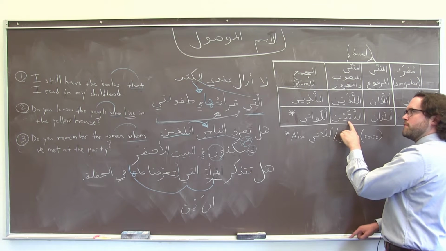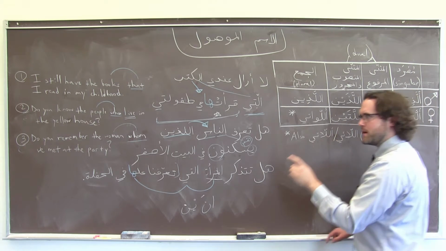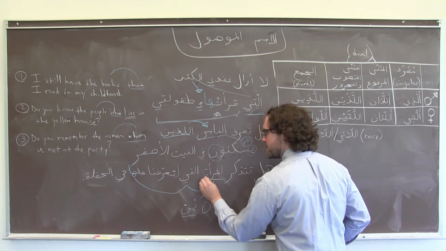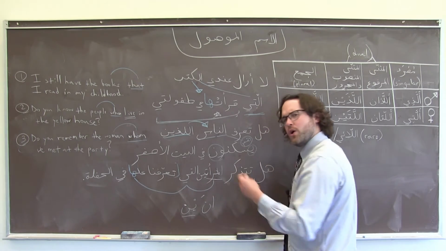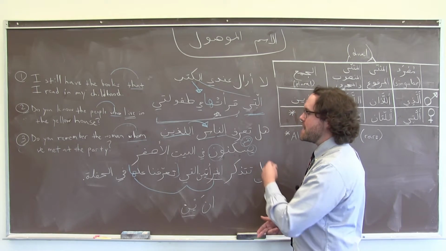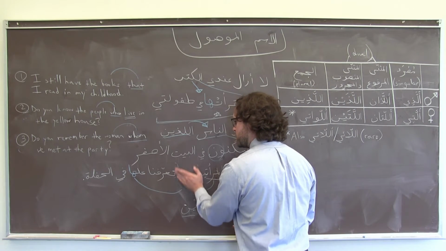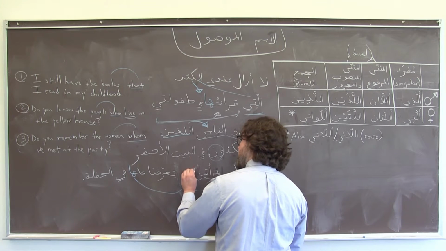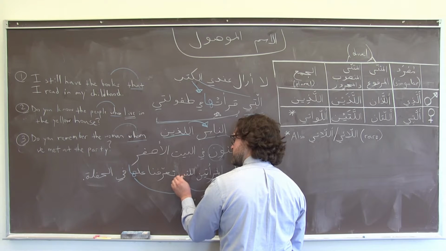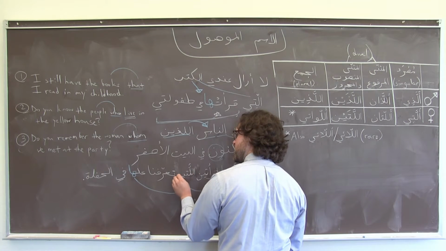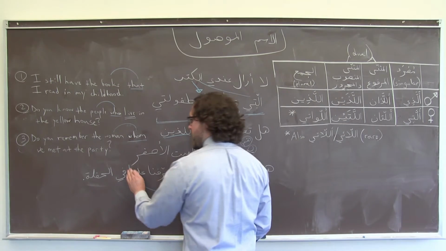And since they're both women, they're feminine, so I would need to use allatain as the object pronoun, but I would also use the ain ending here. There's kind of a harmony of vowels. Al-mar'atain. It's getting a little crowded in here. Allatain. So ain. اللتين تعرفنا علي.